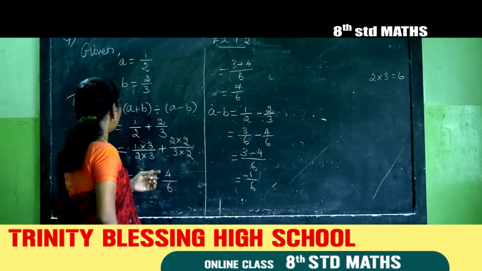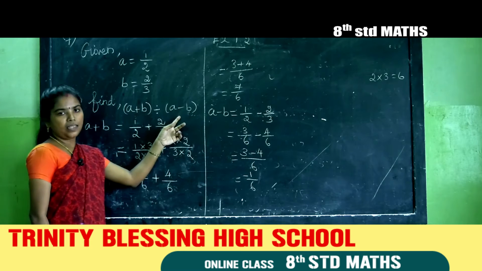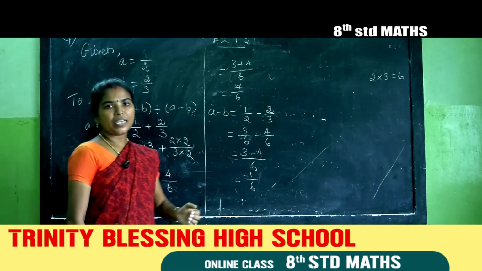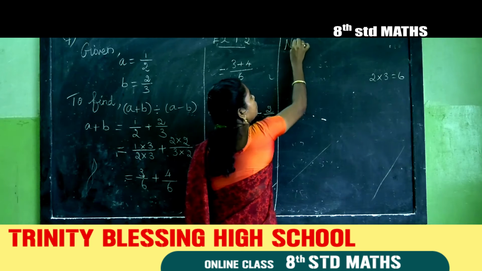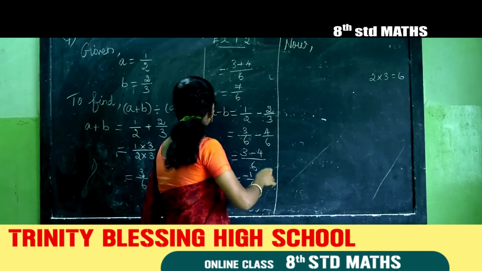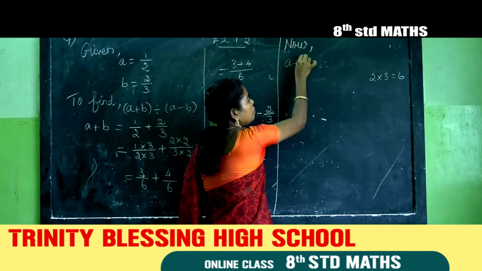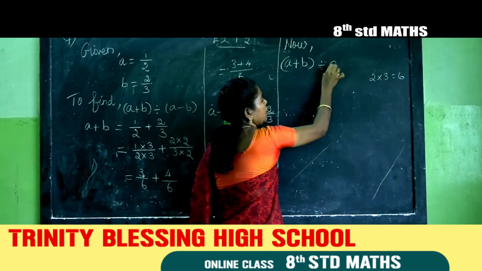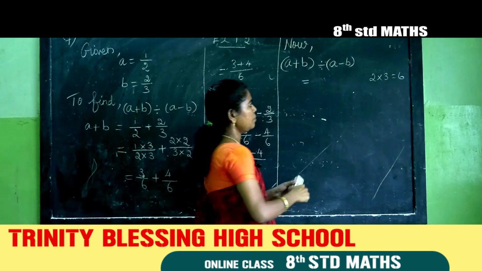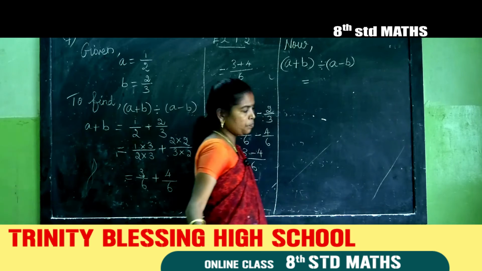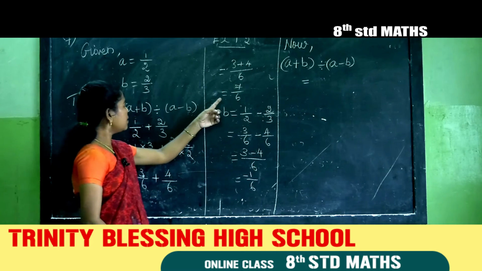Now we have the value of A plus B and A minus B. Now we can substitute the values. A plus B divided by A minus B is equal to, A plus B equal to 7 by 6.